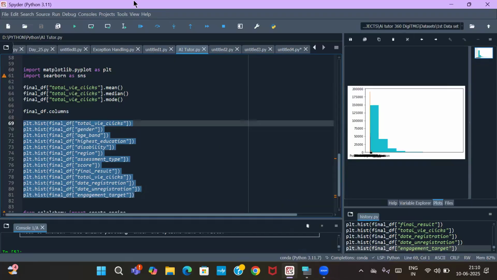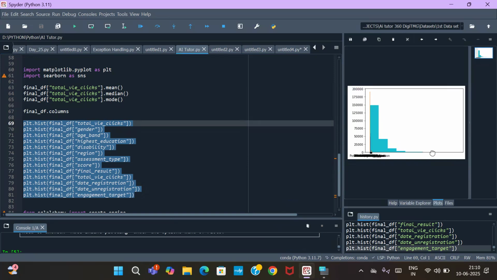I will again share my screen to Python. Here also you can see that my data is skewed.